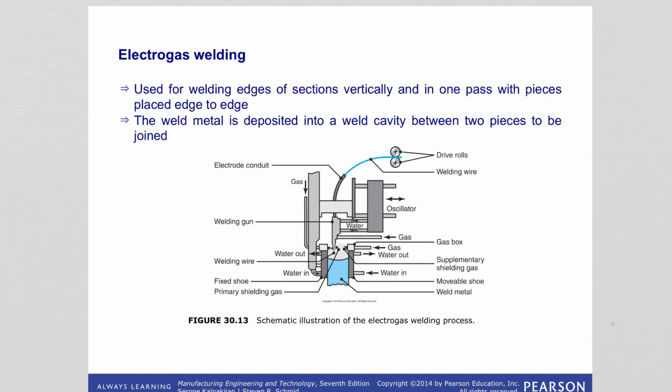The weld metal is deposited into a weld cavity between the two parts to be joined. So it's basically similar. It's a continuous vertical position arc welding process where there is the arc between the electrode and the workpiece.